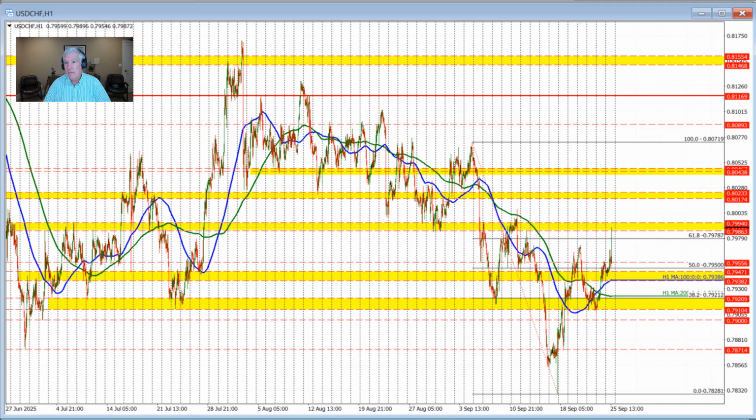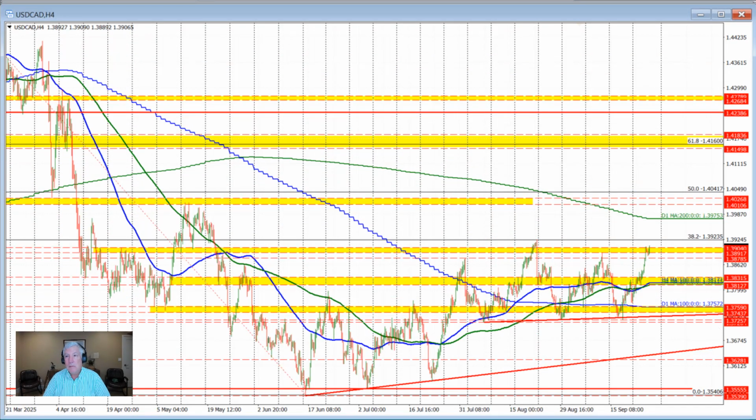Looking at the dollar versus Canada, this currency pair has moved to the upside here as well, and is trying to break above this swing area between 1.3891 and 1.3904. Currently trading at 1.39049, so just above the high of that swing area.